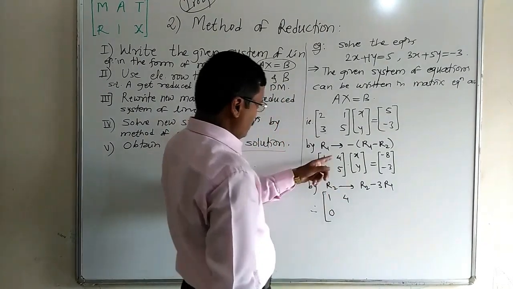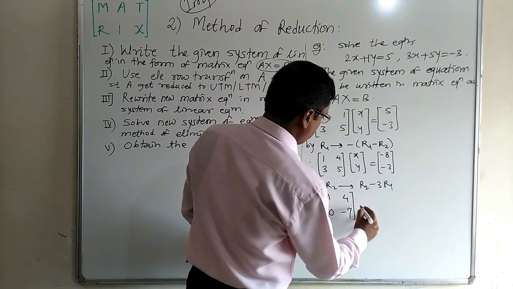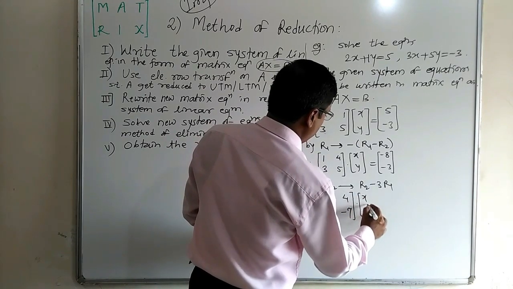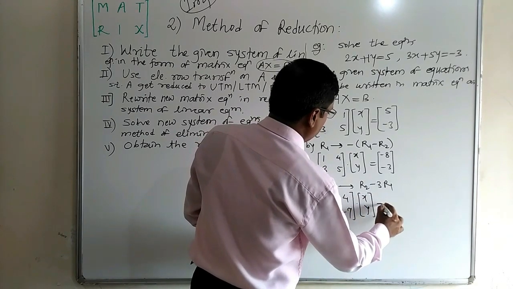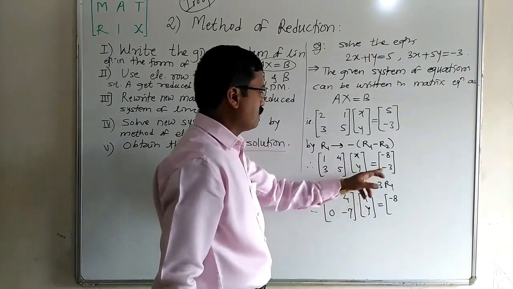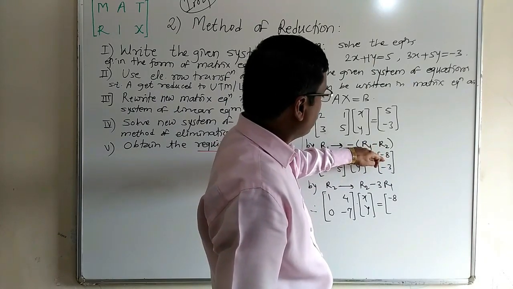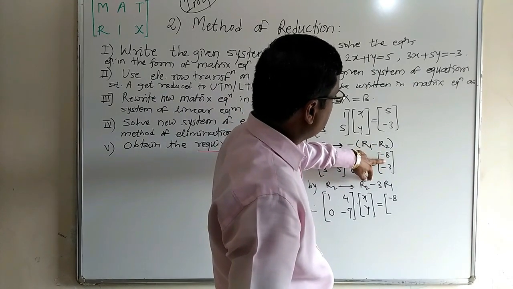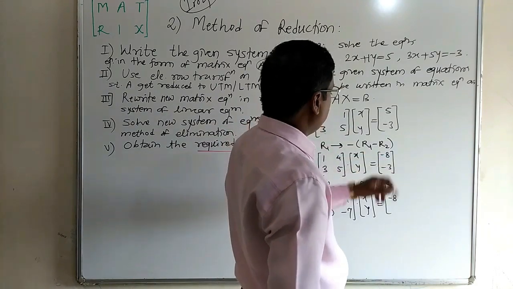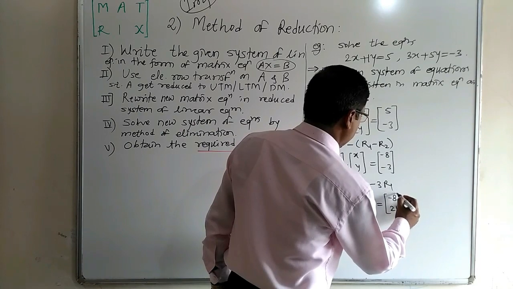This minus 3 times, that is minus 12. So here we get minus 7, into x and y, equal to minus 8 as it is, R2 minus 3 times of this. 3 times of this is 24. Its negative becomes positive, minus minus plus. So 24 minus 3, that is 21.